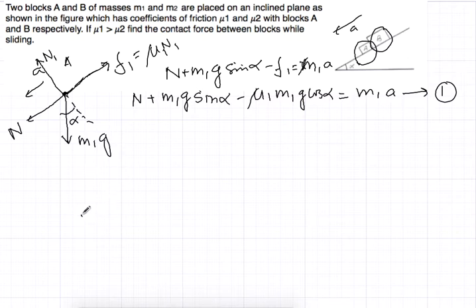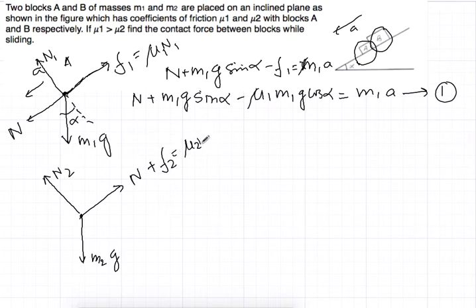Similarly, we get the second equation for B. For B, N will act upward, because B gives a contact force on A downward, so A gives it upward. The other forces are m2 g, and N2, the reaction force by this surface on B, and there is a frictional force F2 equal to mu2 N2.